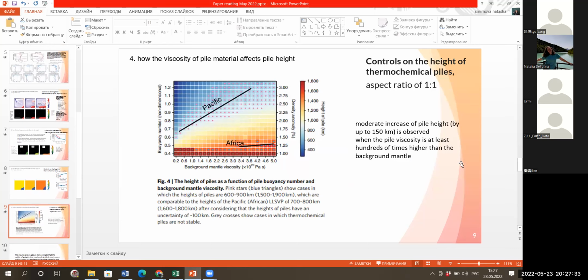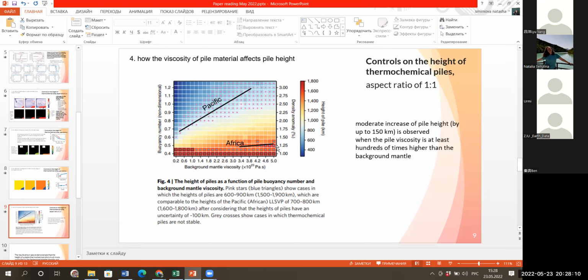Next, they show the pile height for different combinations of pile buoyancy and viscosity of the mantle. They did 450 individual models for those two parameters. Here you can see the buoyancy and background mantle viscosity, and here is the height imaged in this color graph. We can see that the height of the Pacific large low shear velocity province can be explained by a wide range of those two parameters, those pink dots.